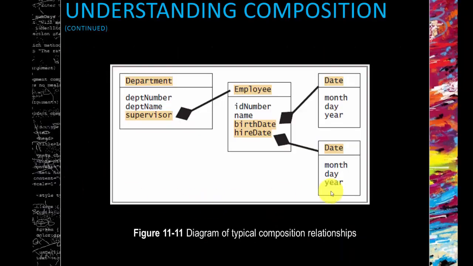So let's have a look at the diagram of a typical composition relationship here. Here we have our department class that's got department number, department name, and supervisor. Supervisor here has a relationship to employee, right? Because supervisor is an employee. Employee might be the whole.